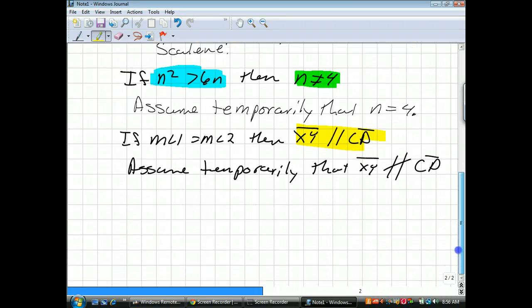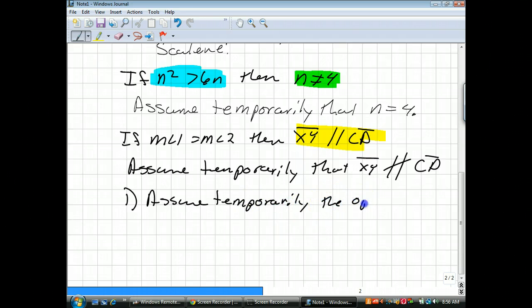And so the object is here. Here's the main things. Number 1, assume temporarily the opposite of the conclusion.